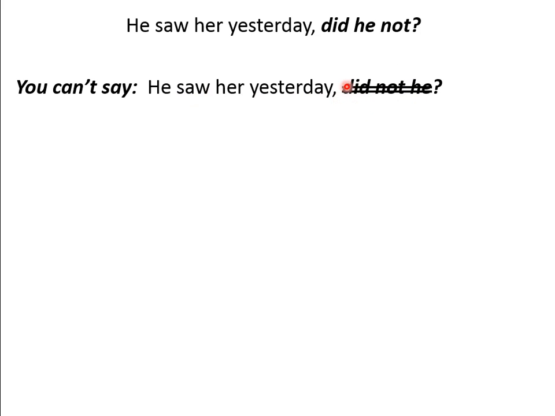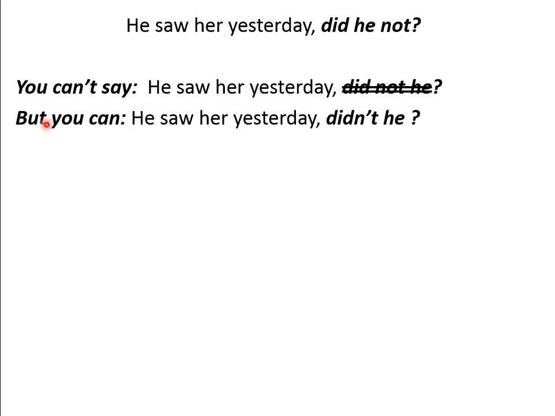That is the wrong one because it's not the order auxiliary plus subject plus not. Auxiliary, not, and subject is wrong. But you can say he saw her yesterday, didn't he? In a contracted negative, we can use it. Okay.